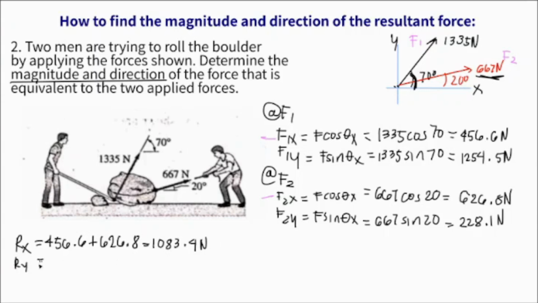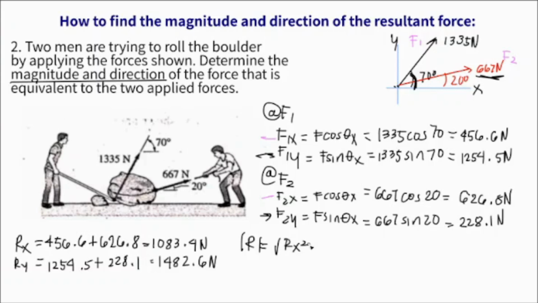And Ry will be the y components of the two forces: 1,254.5 plus 228.1, which is 1,482.6 newtons.